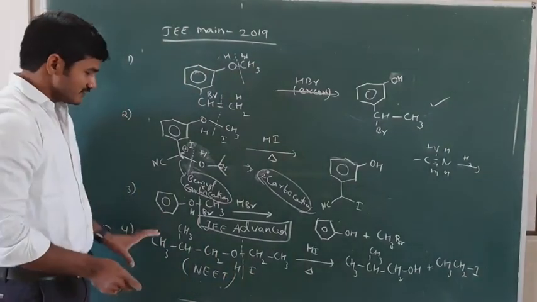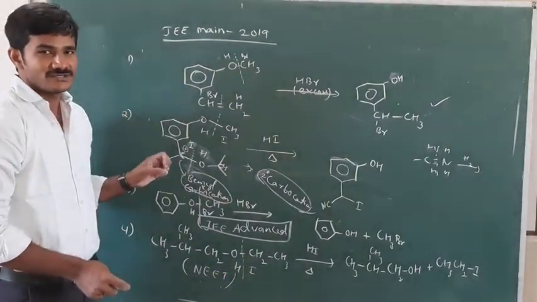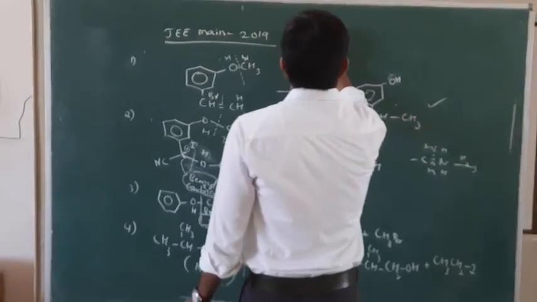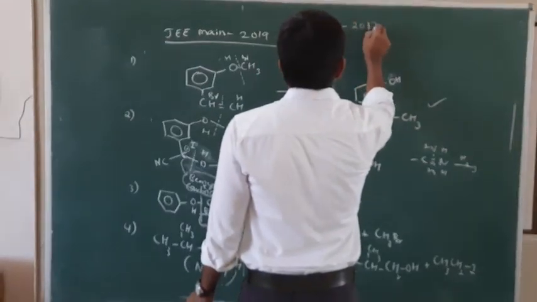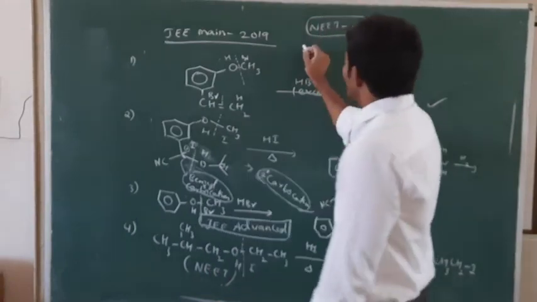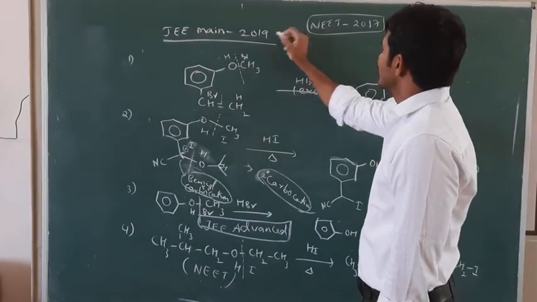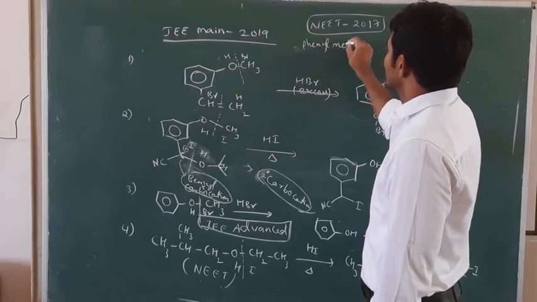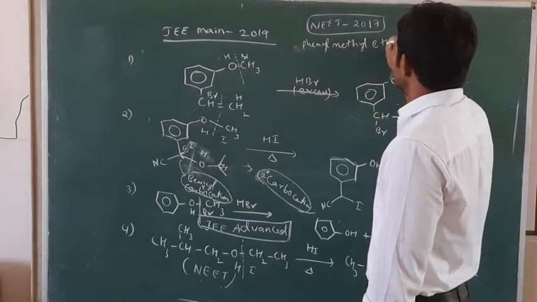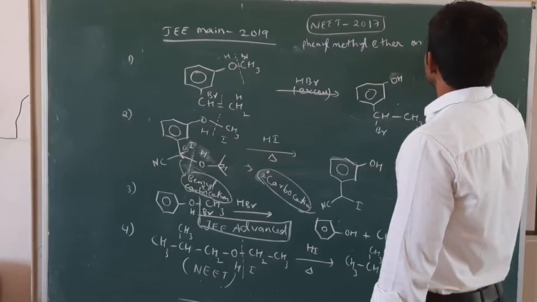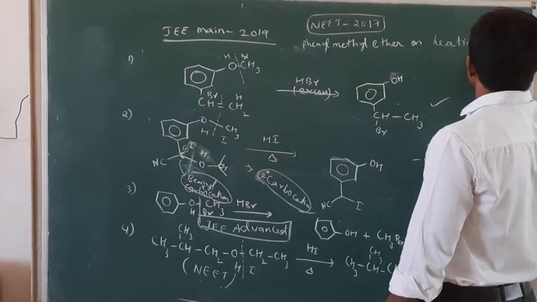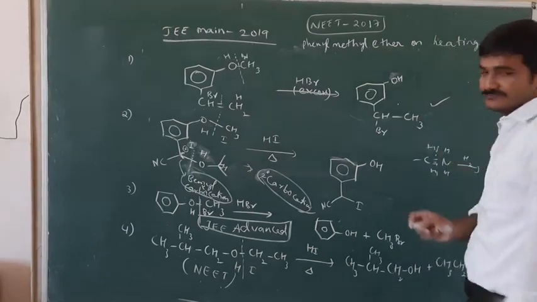So these are the questions which were previously asked in the examinations, NEET and JEE Mains and Advanced. One more theoretical question. Theoretically, they have not given the reaction, NEET 2017, on phenyl methyl ether. Phenyl methyl ether on heating with HI, what is the product?